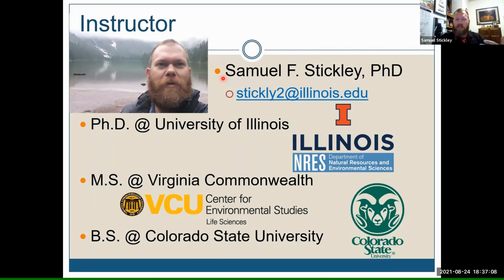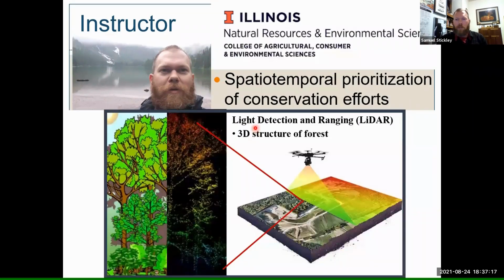For Illinois, just to give you an idea of the project I worked on for my dissertation, I wanted to mention that a little bit. My main goal for my dissertation was to look at prioritizing conservation efforts, prioritizing spatially areas that might be of high conservation value.